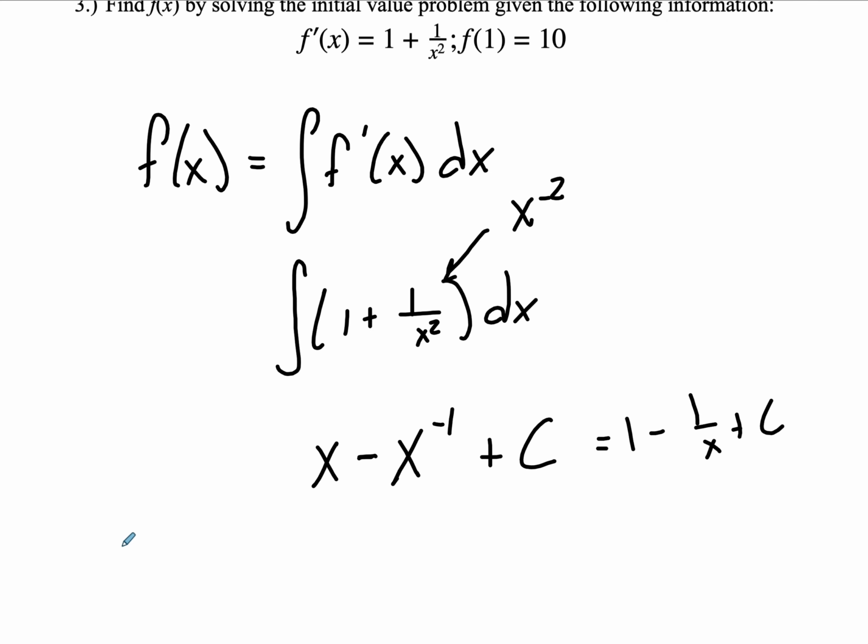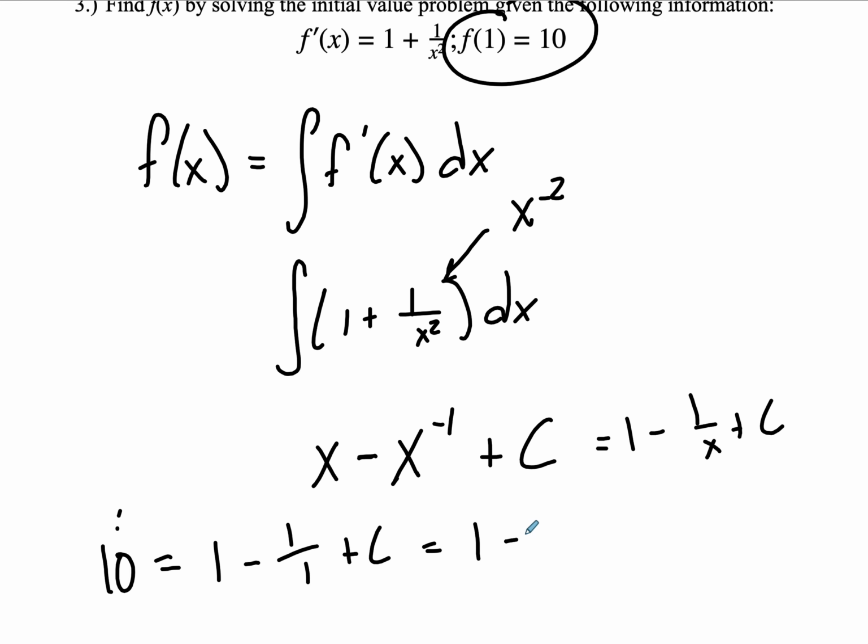Now, to figure this out, what we know is that since f of 1 is 10, 10 is equal to 1 minus 1 over 1 plus c, which is equal to 1 minus 1 plus c, which is equal to c, because these cancel. So c is equal to 10. So the final function you write is f of x is equal to, or rather this should be x.